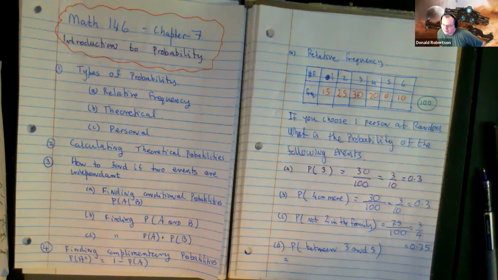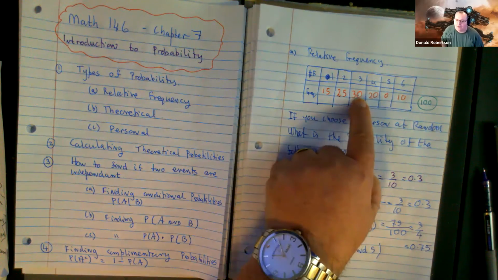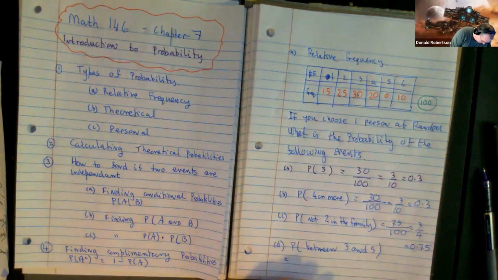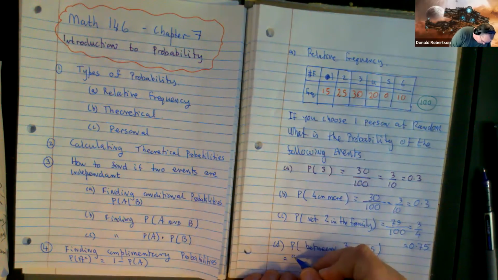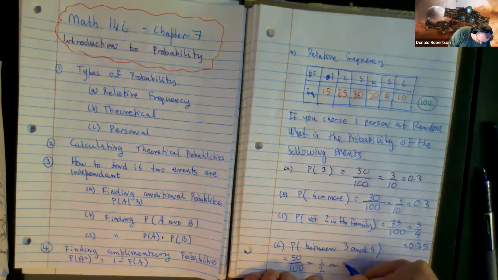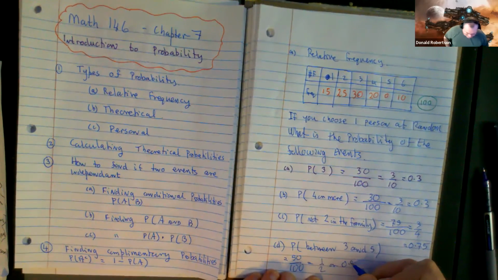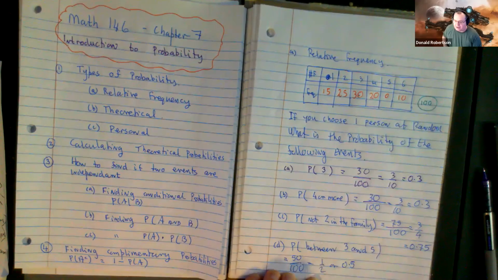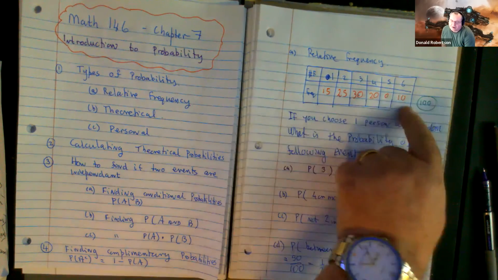So will we just take it that's an unsaid rule, that between 3 and 5 means that. So you add 3, 4, and 5 together, and the answer you get is 50 over 100, which is a half, or 0.5.